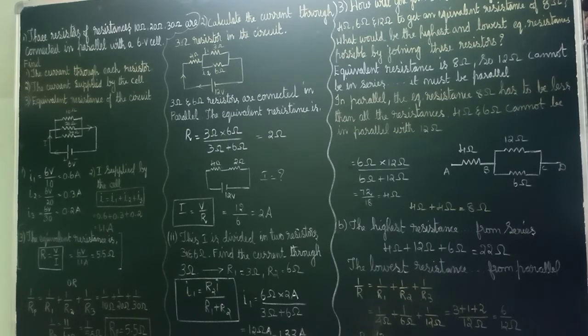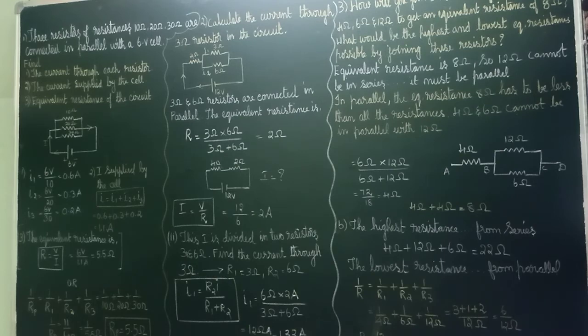So 4 ohms and 6 ohms cannot be in parallel. So we will try one by one. Now 4 ohms we are joining this side, and in parallel 12 and 6. If you do like that, find the equivalent resistance there: 6 ohms into 12 by 6 plus 12. So you will get 4 ohms. So this side it is 4 ohms. 4 plus 4, it is 8 ohms.